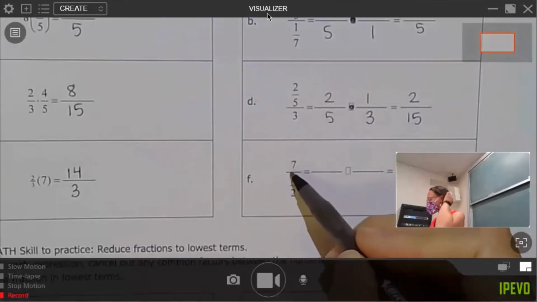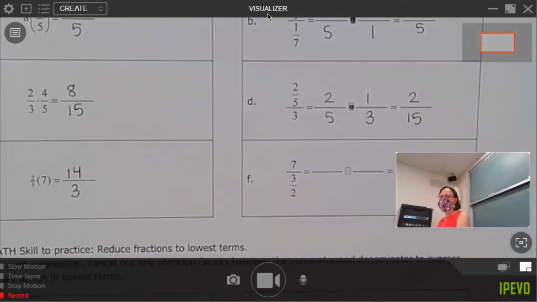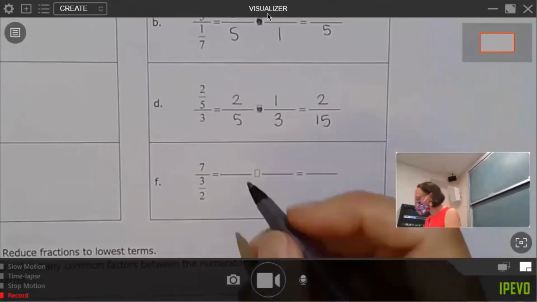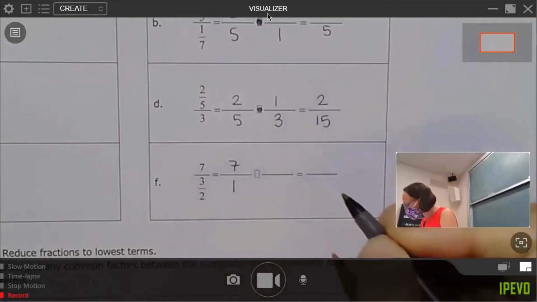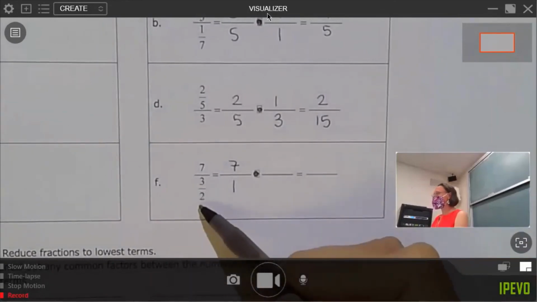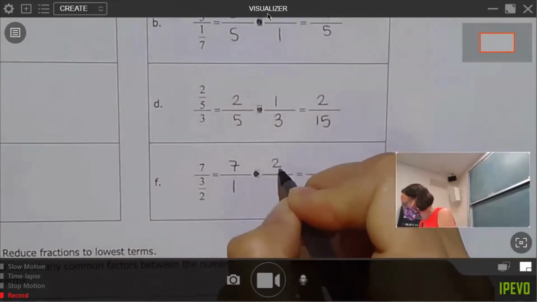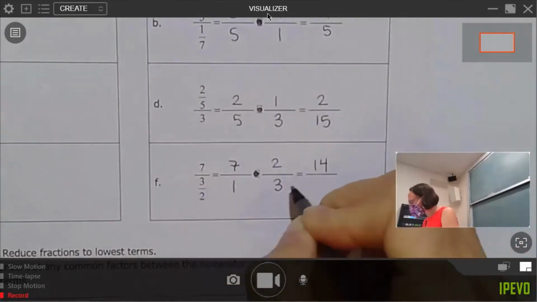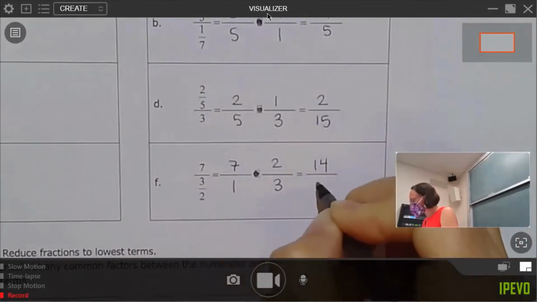When I rewrite this, that 7, it's a whole number. That 7 is in the numerator, so it's going to stay in the numerator. And dividing by that fraction is the same as multiplying by its reciprocal. So I'm going to flip that to say 2/3. Straight across the top, I get 14. Multiplying straight across the bottom, I get 3.